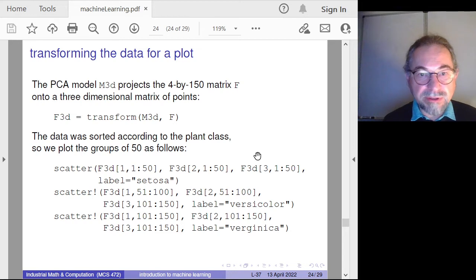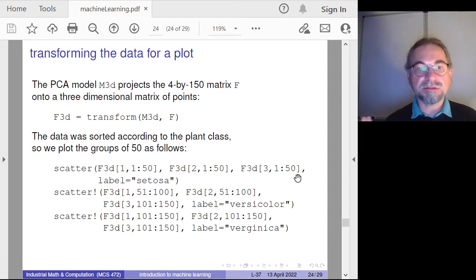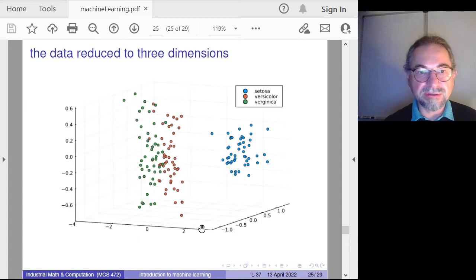So we plot, so we select the first coordinate, the second coordinate, the third coordinate of this now 3-row matrix. We select the first 50 that belongs all to the same class, so the same flower. Then we have the next 50 and then the last 50. And that gives us the three-dimensional representation of the data.